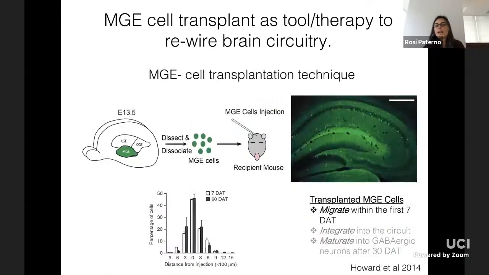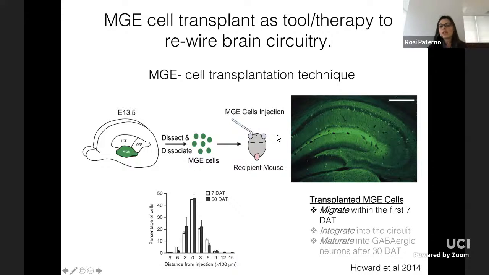MG cell transplantation as a technique was already established more than 20 years ago. The technique consists of taking the developing brain at embryonic day 13.5 and dissecting the cells from the MGE area. Those cells are dissociated and injected into the recipient mouse.